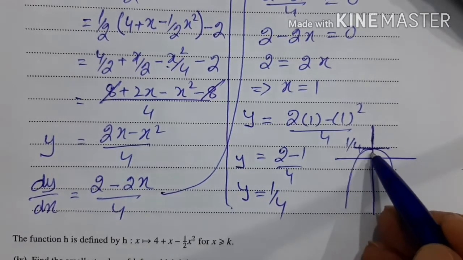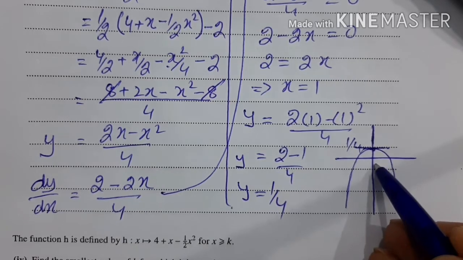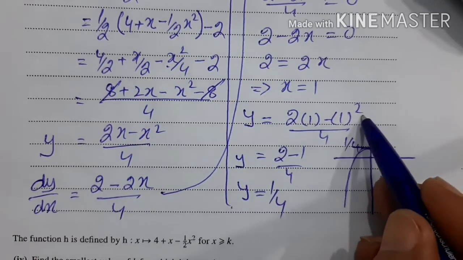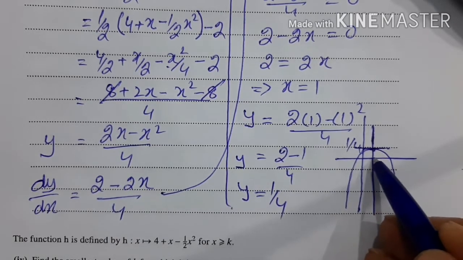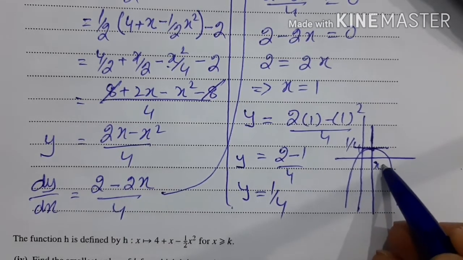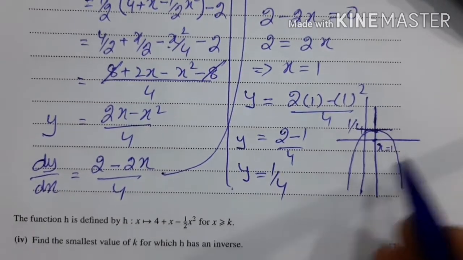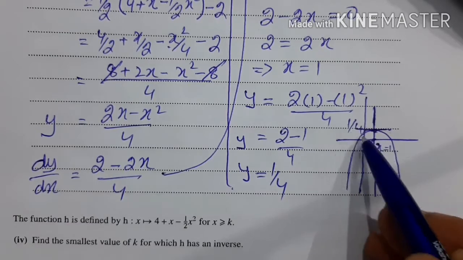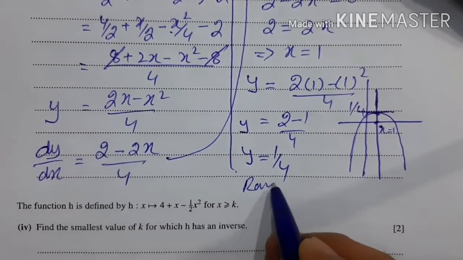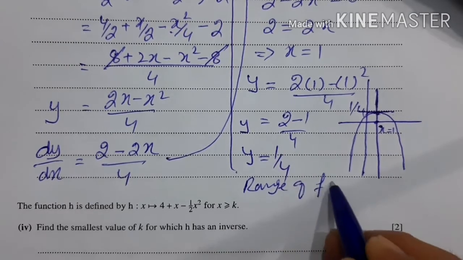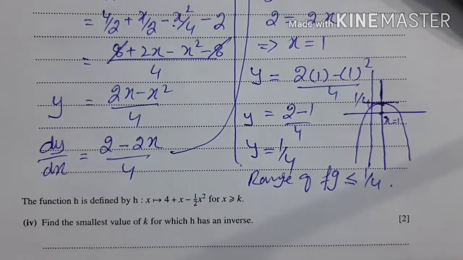It means this is the maximum value at x equal to 1. This is x equal to 1. So this is the maximum value. Therefore, all the values will be less than 1 over 4. So the range of fg is less than or equal to 1 over 4. This is the range.